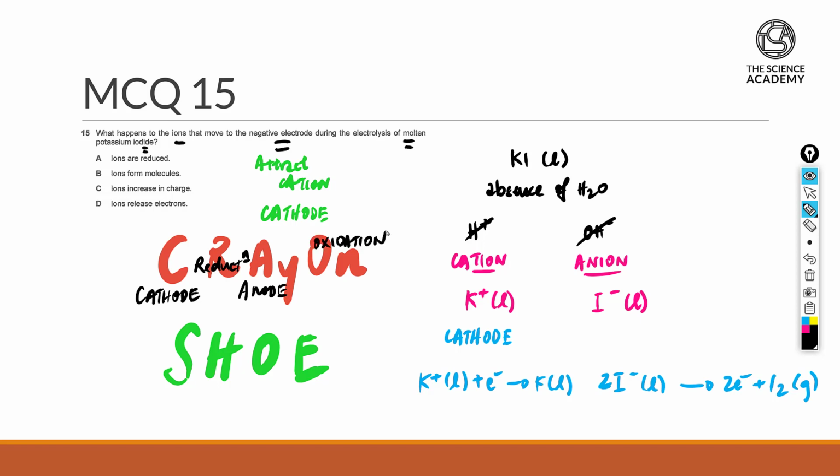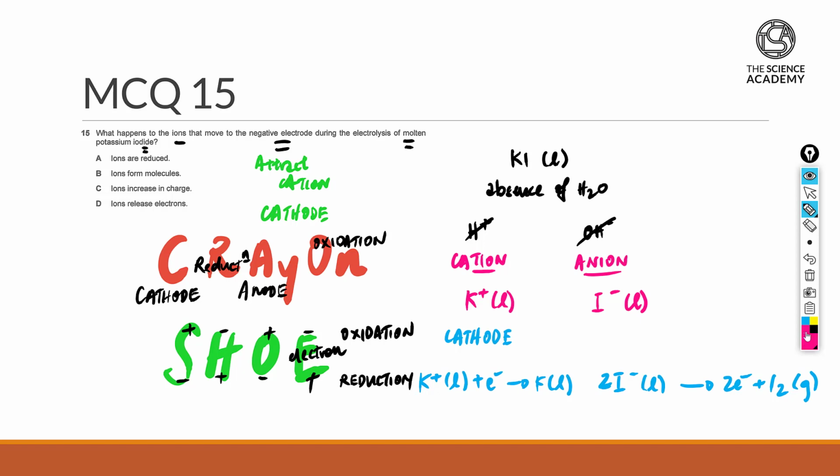Shoe, we have plus, minus, plus, minus, minus, plus, minus, plus, and each of the row at the top is representative for oxidation, and E for electron, which is often used for electrolysis, and the plus is for reduction.